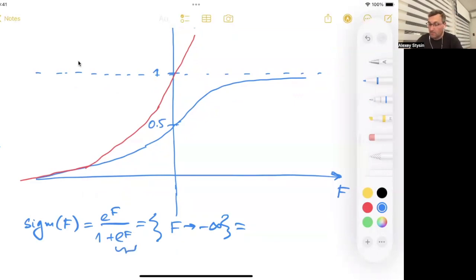The e to the f is small compared to 1, so 1 is much, much larger than e to the f. And then this is approximately equal to e to the f. And this is the connection between those two methods. Essentially, the method from the YouTube paper works because this approximation is valid for large negative values of f.